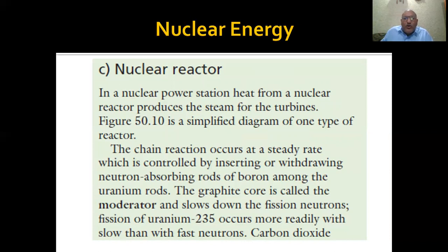The graphite core is called the moderator and slows down the fission neutrons. Fission of uranium-235 occurs more readily with slow than with fast neutrons.